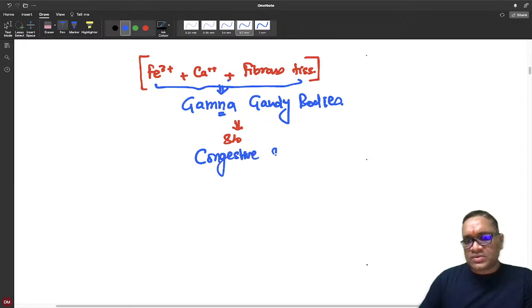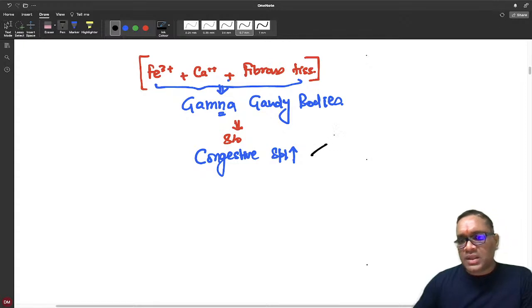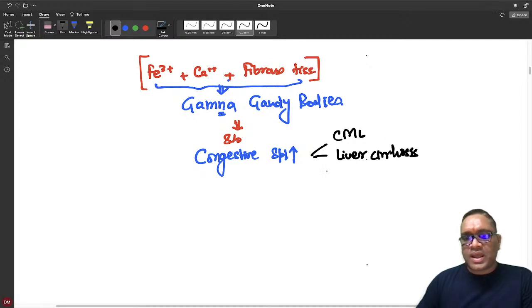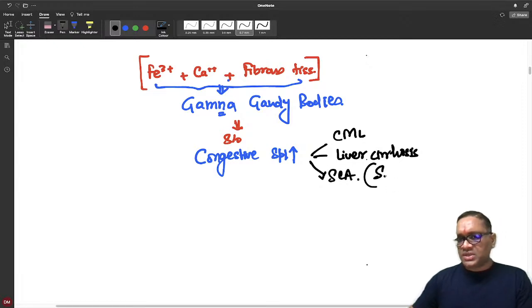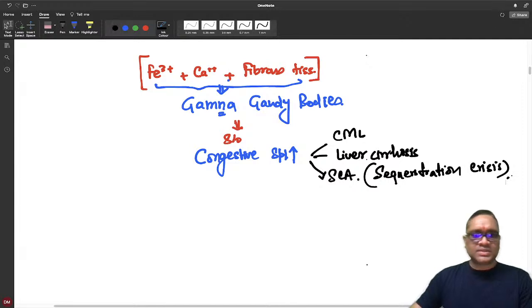They can be seen in chronic myeloid leukemia, in liver cirrhosis, and also in sickle cell anemia, in the sequestration crisis.